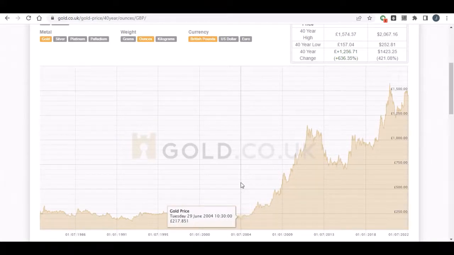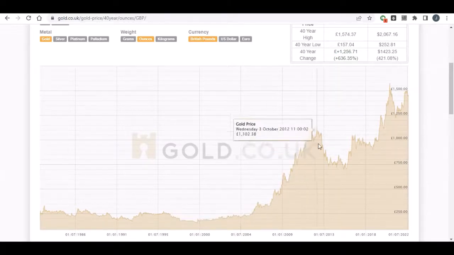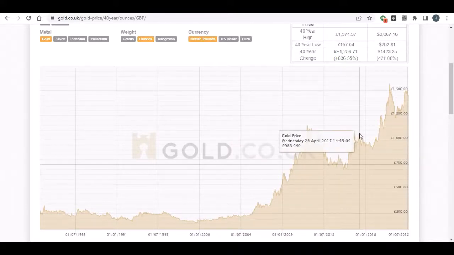So what I'm seeing from looking at this graph is that gold seems to surge in times of uncertainty, but then it just appears to stagnate until the next crisis comes along.